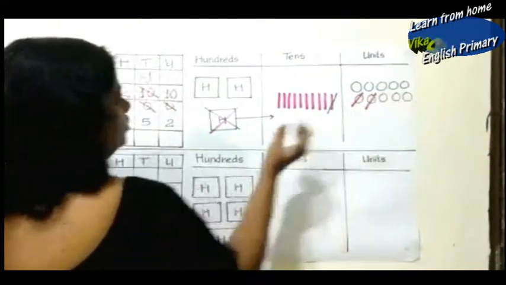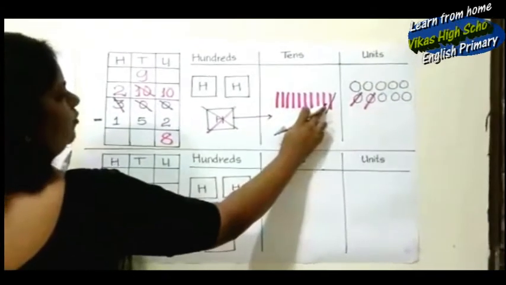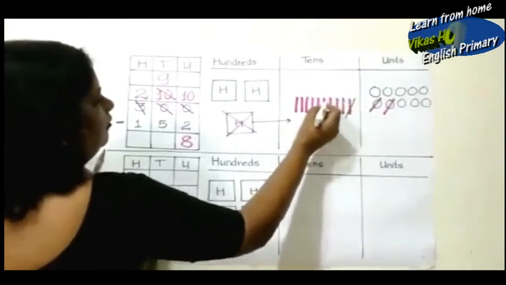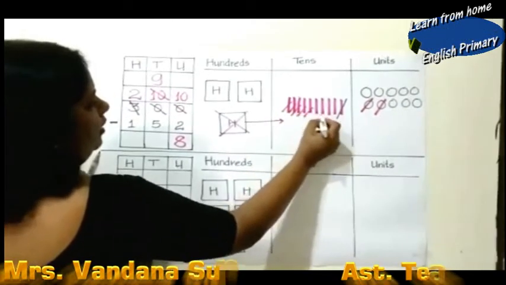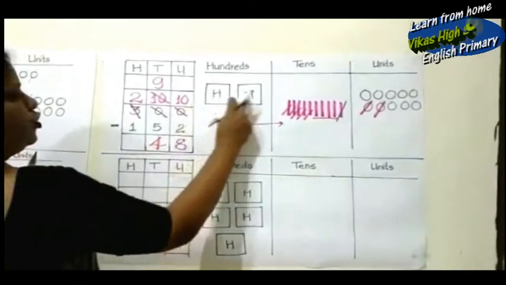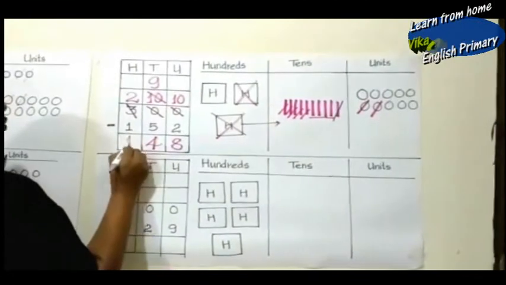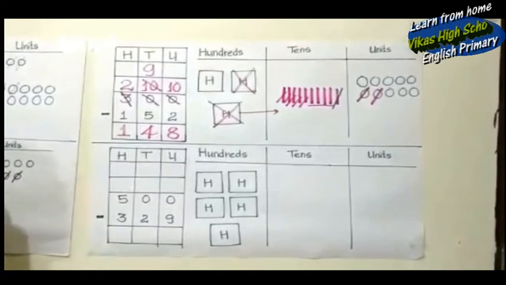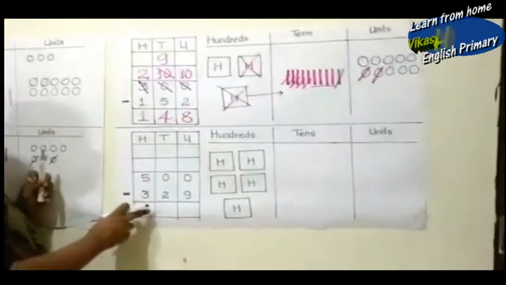So we get 8 units. From this 9 tens, we have to cancel 5 tens. So 1, 2, 3, 4, 5. How many remain? 4. And from these 200s, we have to minus 100. So it gives us 100. So the answer to 300 minus 152 is 148.